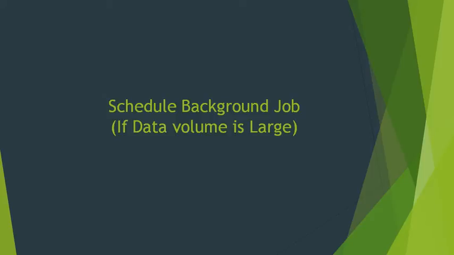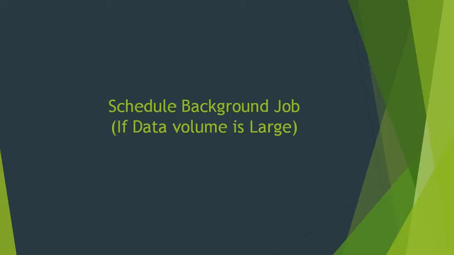Now sometimes, as I told you, this table carries thousands, millions of records, and whenever you execute it in the foreground, sometimes it gives an error due to the huge amount of data.